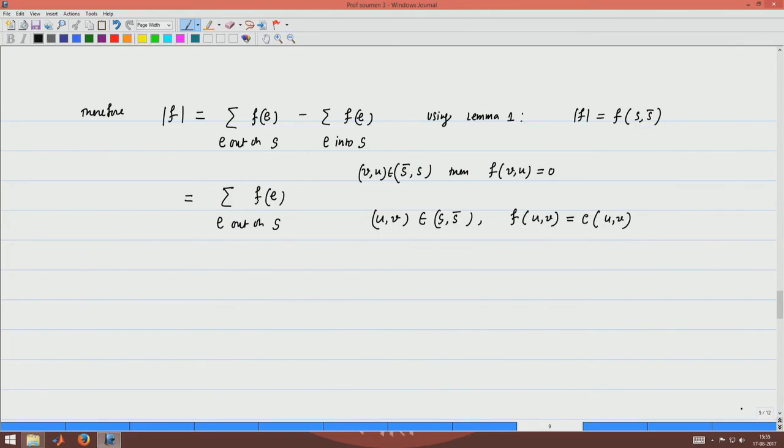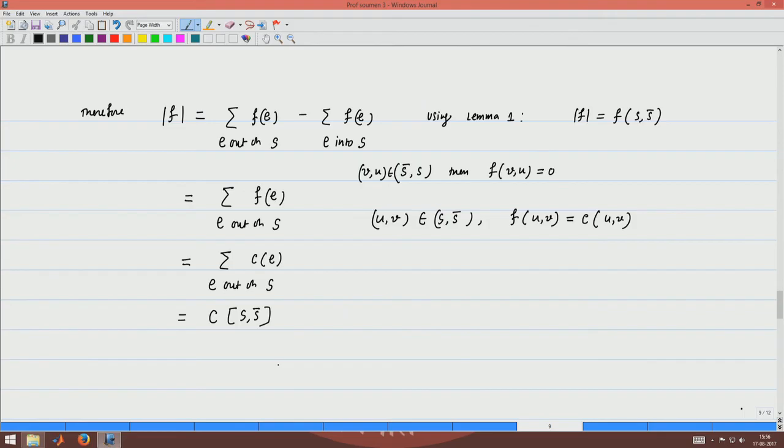Then I can replace this flow by the capacity. So, this is equal to the sum of C E over E out of S, and this is the definition of the capacity of the cut S complement. So, this is C of S complement.